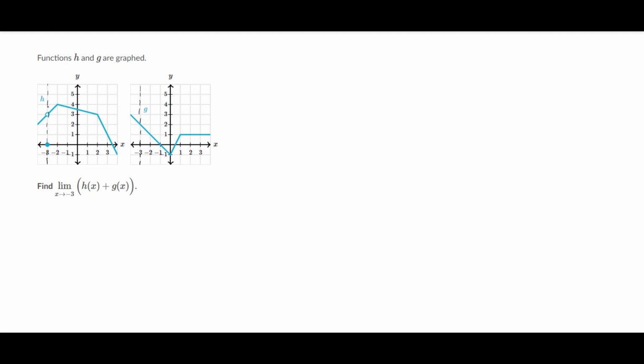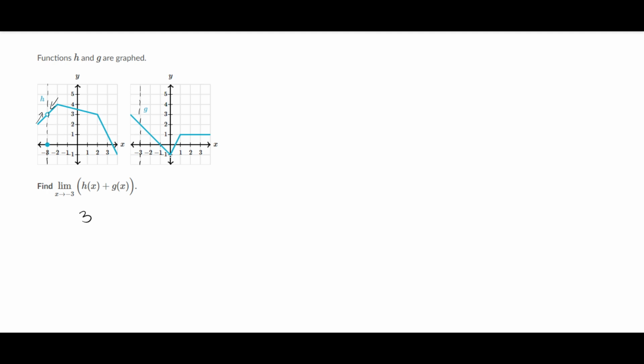So the left side is approaching the value 3 here. The right side of that function is approaching 3 again, in this area. So the limit of h of x is 3.